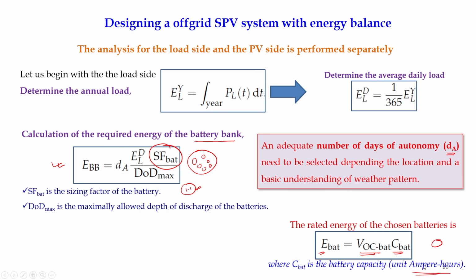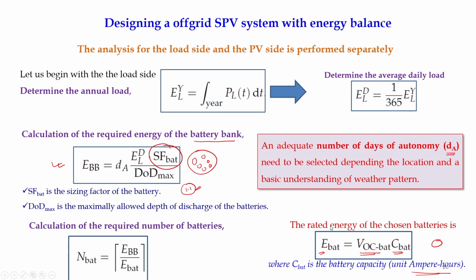So, once we know this EBB, that is the energy required of the battery bank, and the rated energy, then we can calculate the required number of batteries by using these two expressions, EBB to the EBAT. This is the battery bank energy and this is the rated energy of a single battery. So, we can calculate the number of batteries, right.